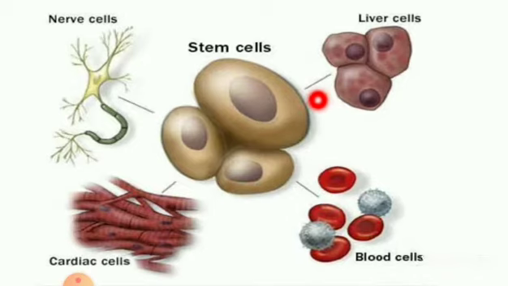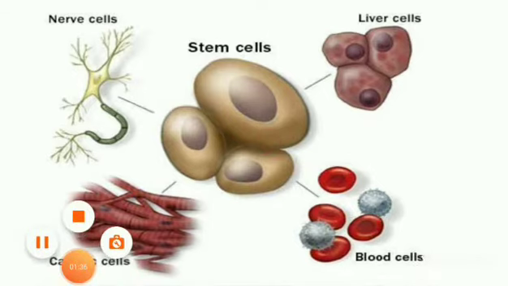Yes. This stem cell can be used to replace the liver cell or blood cell, nerve cell and cortex cell. They can serve as a built-in repair system for the human body. Do you understand, children?